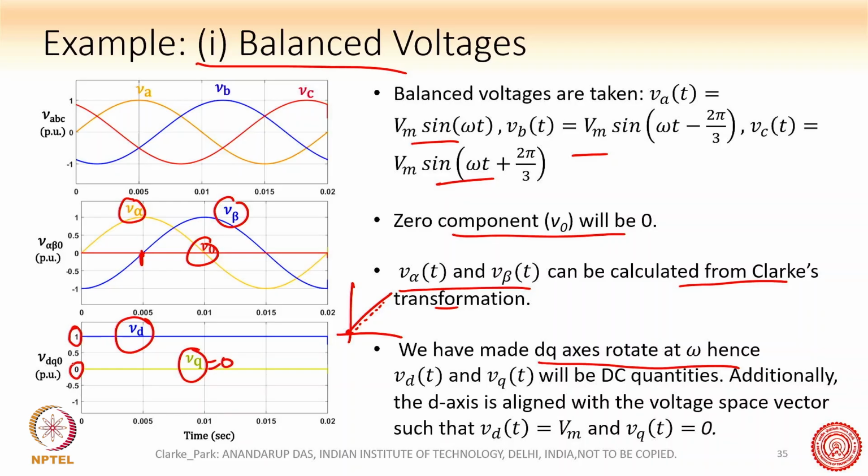Which means I have now aligned my D axis, rotating at exactly the same speed as the voltage space vector, and they're perfectly aligned with each other. Okay, so this is what is happening.